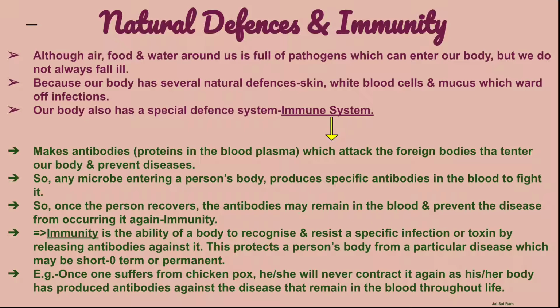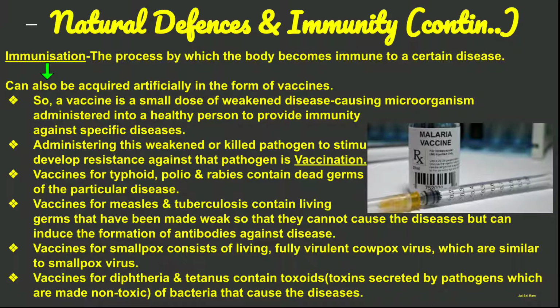Next we come to immunization. I told you that the body has become immune. Immunization is the process by which the body becomes immune to a certain disease. It can also be acquired artificially.